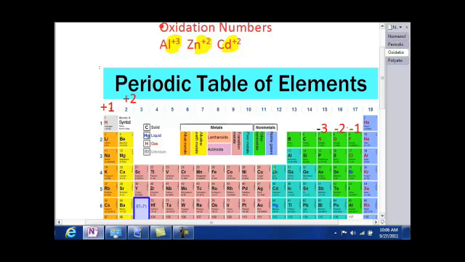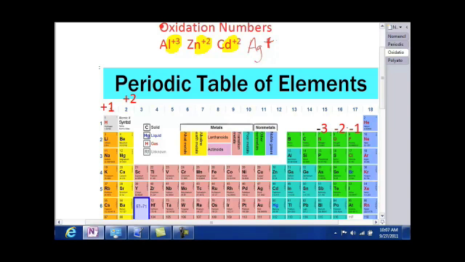A zinc, I'm going to write a +2, and in the cadmium I'm going to write a +2, and I forgot one. Silver. What's the oxidation number of silver? Silver is +1. So let me see if this lets me add silver. That's a +1. These are the oxidation numbers when these metals are combining with a nonmetal.